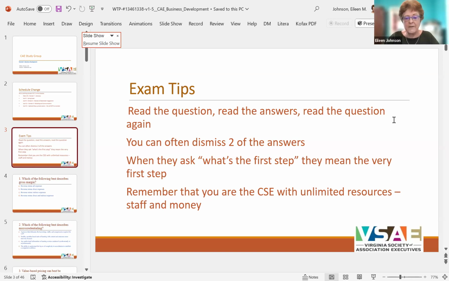You are the chief staff executive of an association that has unlimited staff and unlimited money. That's hard for a lot of people to grasp, because they're like, well, I'm the membership director, or I'm the finance director, or I'm not a director at all. I aspire to be one of those. Just keep those in mind. You've got unlimited resources when you're doing this.